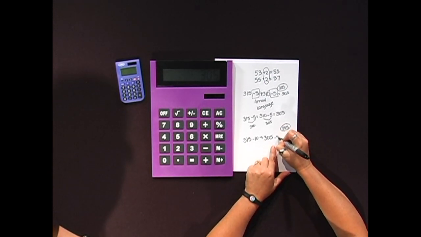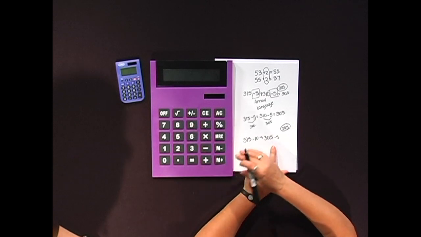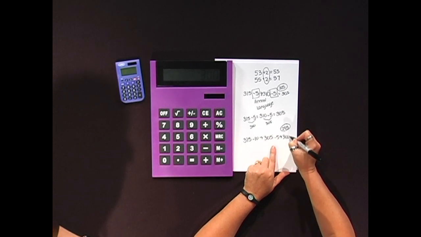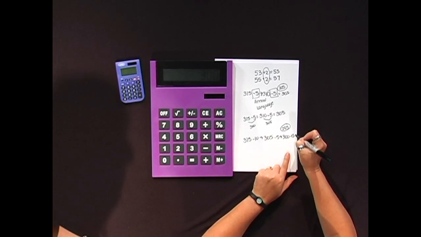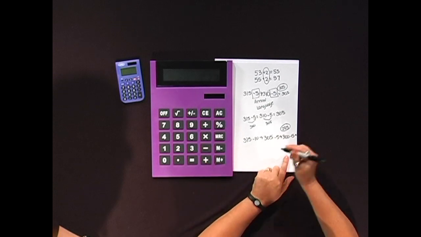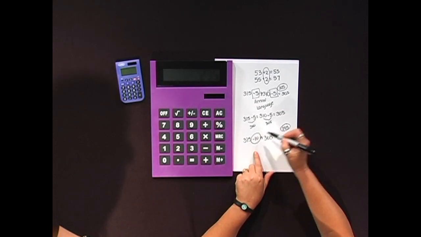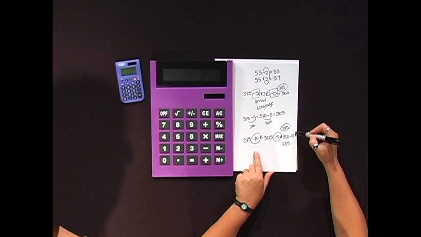So I'd subtract another 5, and that gets me to 300. And then I'd subtract my last 5 to get to 295. So I actually subtracted 10, 15, 20. Absolutely.